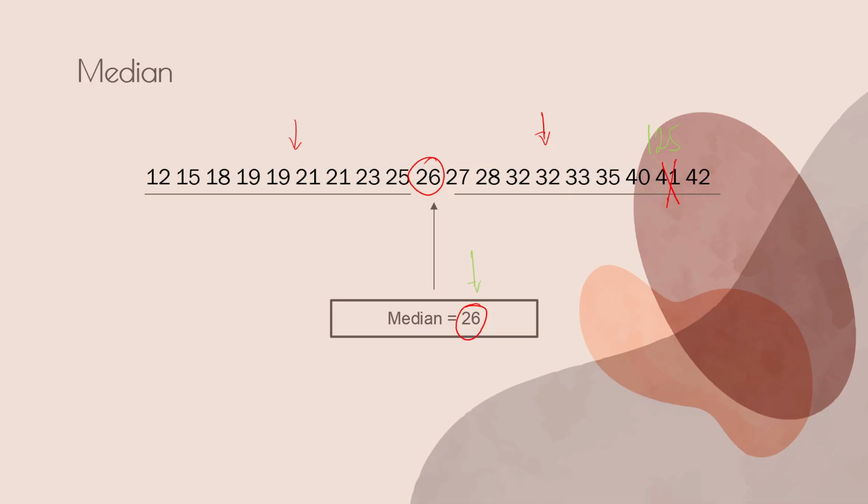Even if you change that to the thousands, but that would be questionable already, you're also still going to have 26 as your median. So no matter the value of your outlier, it does not affect your median, unlike how it affects the mean. Okay.